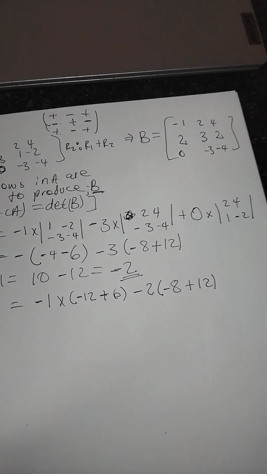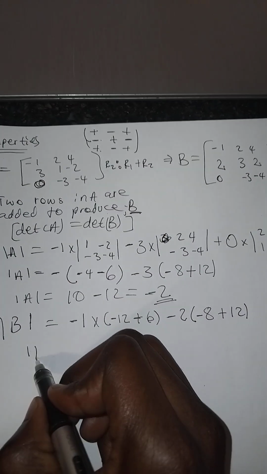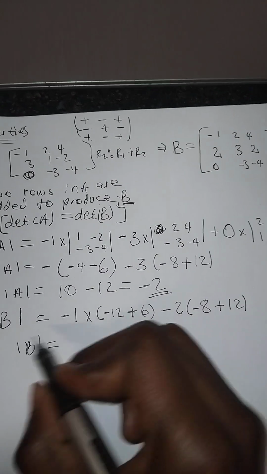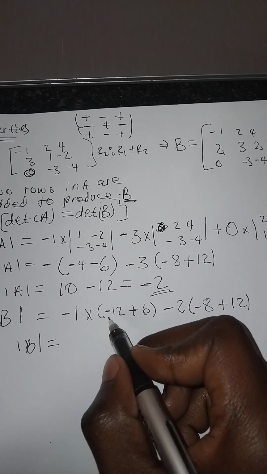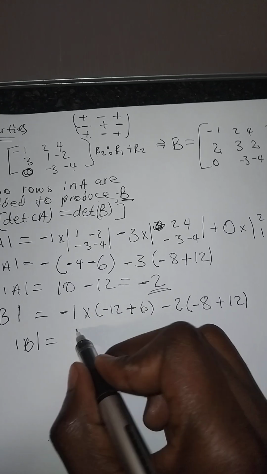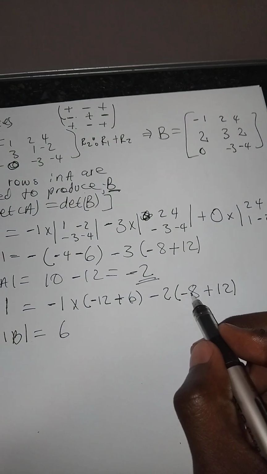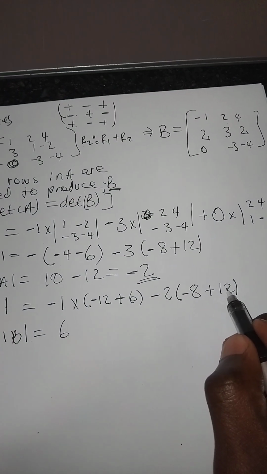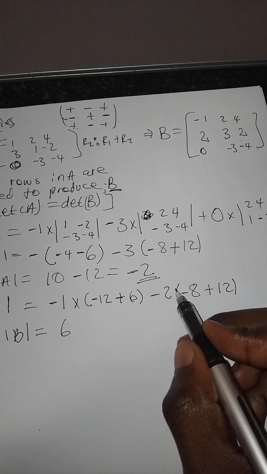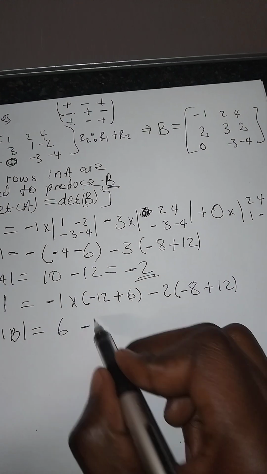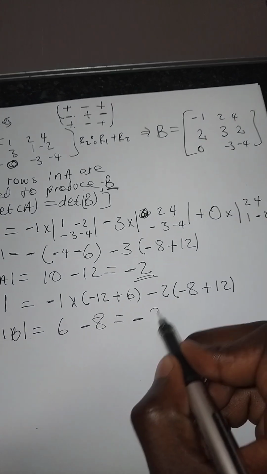Then this 0 is gonna make everything 0 there. Then the determinant of B will be minus 12 plus 6, that is minus 6, then multiply by the negative, that is going to be 6. Then here minus 8 plus 12, that is going to give us 4 multiplied by minus 2, that is going to be minus 8. Then basically here we get minus 2.